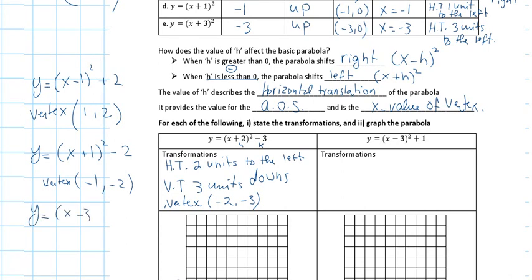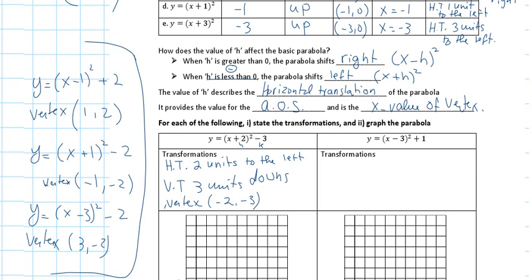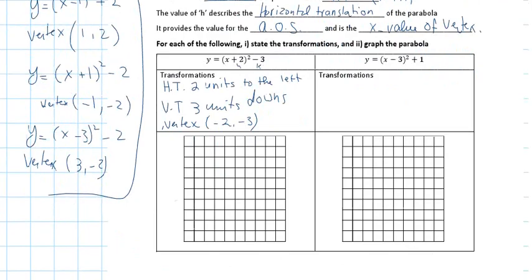What's your vertex here? 3 and negative 2. Okay? So you take the value inside the bracket and switch its sign, and the k value stays the same. Are we good with that? Okay, these are on the side notes. So the vertex is negative 2, negative 3.